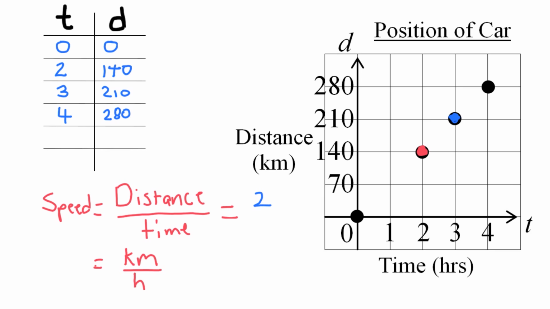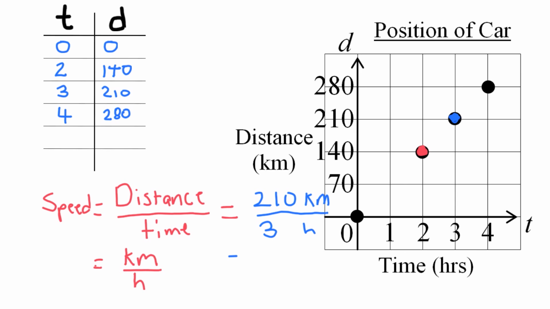What would the time have been at that point? The time is on this axis and it's 3 hours. So we have 210 kilometers divided by 3 hours.